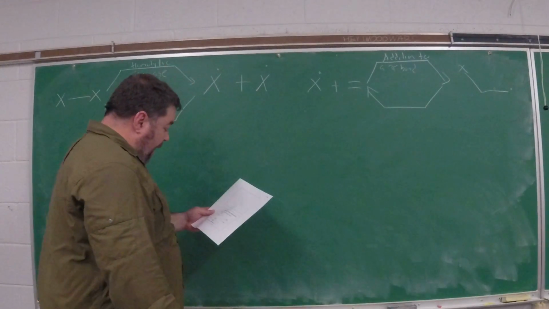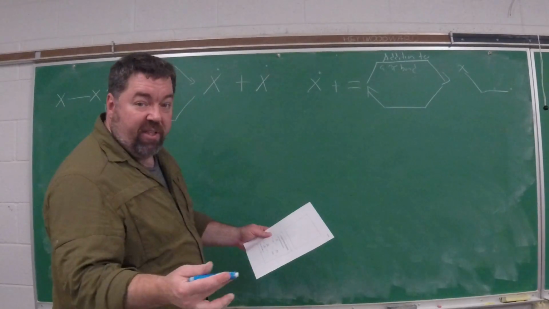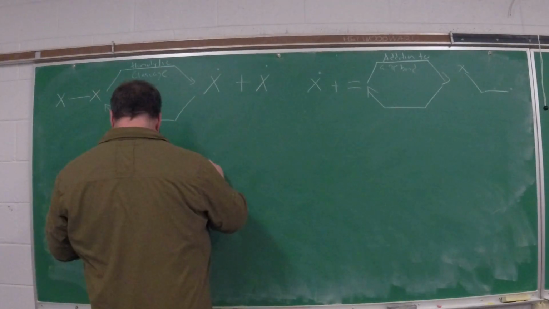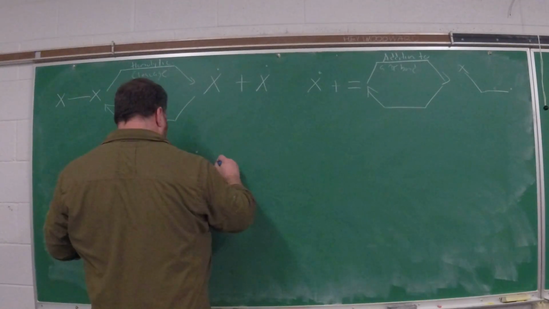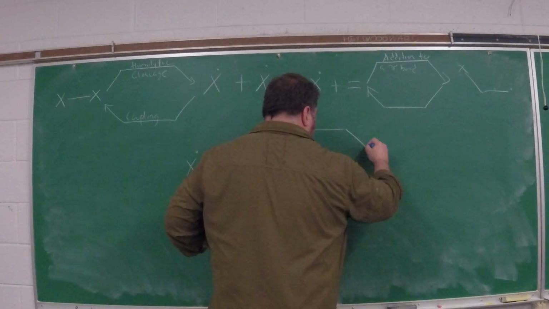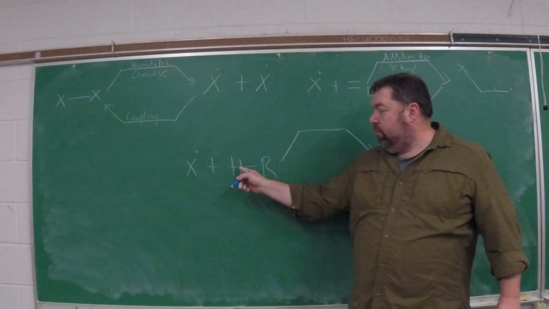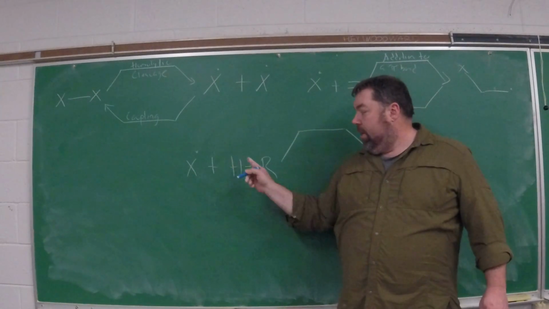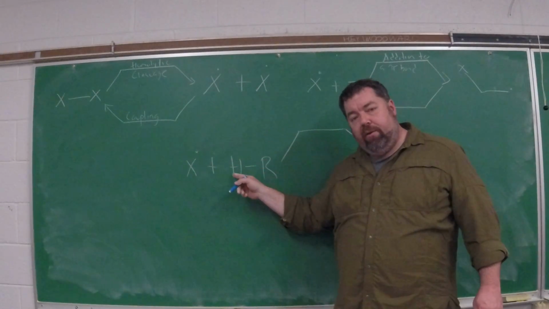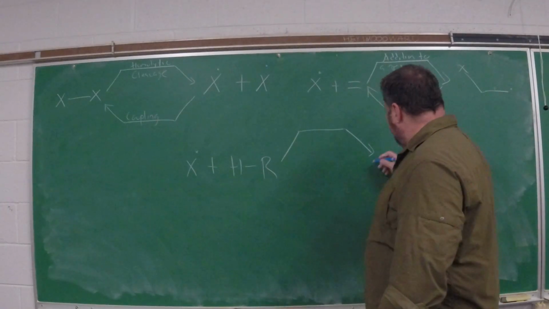And then we have one more. Hydrogen abstraction can be the reverse of itself. You can go back and forth between 2 different chemical species. So here basically what's going to happen, hydrogen abstraction, the proton, again, half arrow here, form a bond between the halogen and the hydrogen, and then half arrow here, forming a carbon free radical.